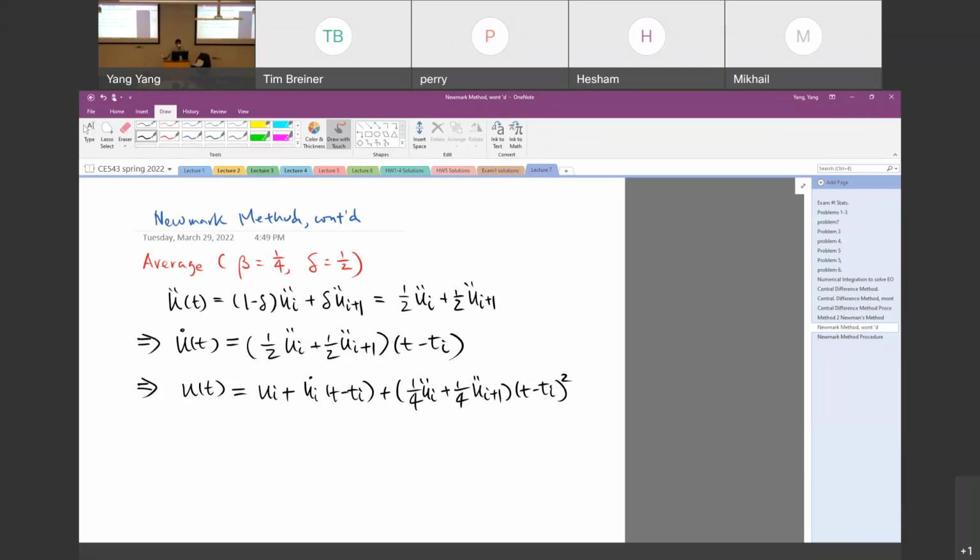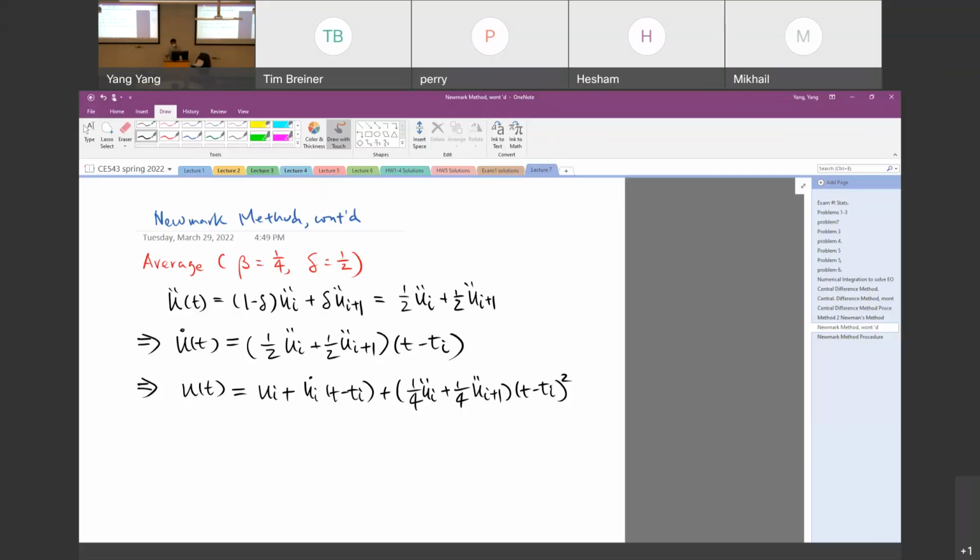So we haven't talked about the initial condition yet. If you want to know how the initial condition influences the results here, we can just assume that i equals 0.